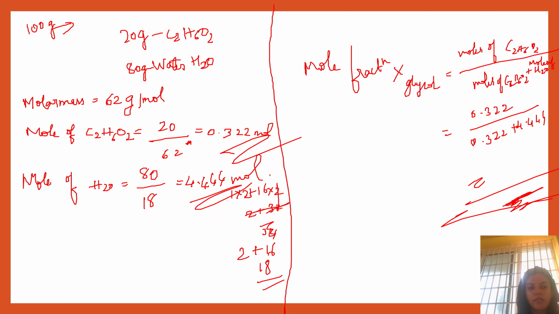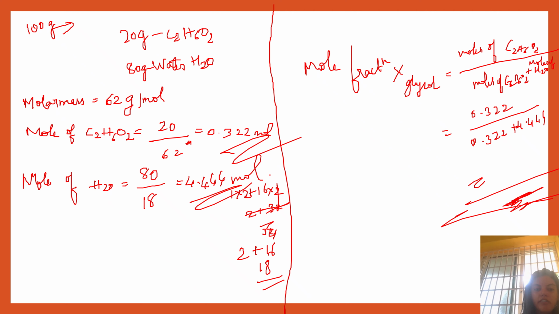You have to find the molar mass of ethylene glycol. We found it in the last slide. So the molar mass is 62 gram per mole. Then moles of C2H6O2 is, by the formula, mass of C2H6O2 divided by molar mass of C2H6O2, which is 0.322 mole.